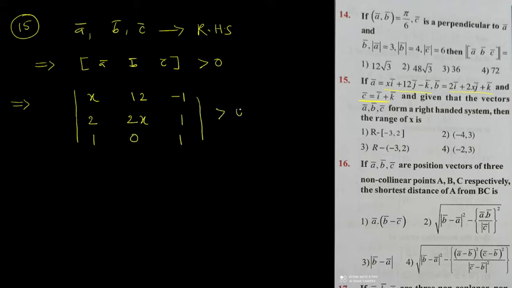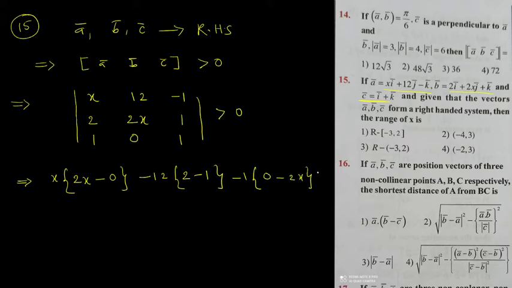This determinant is greater than 0. Now expand it: x into (2x minus 0), minus 1 into (2 minus 1), minus 1 into (0 minus 2x), is greater than 0.